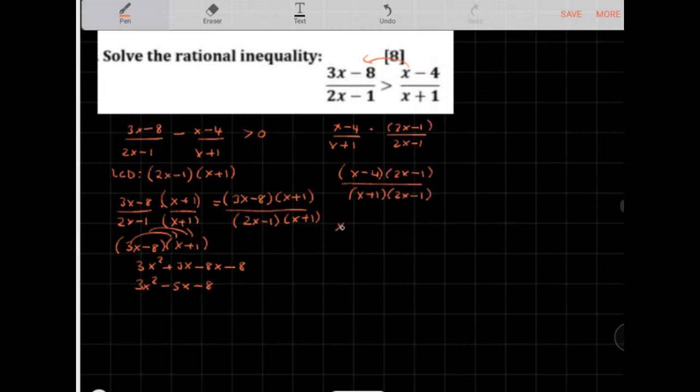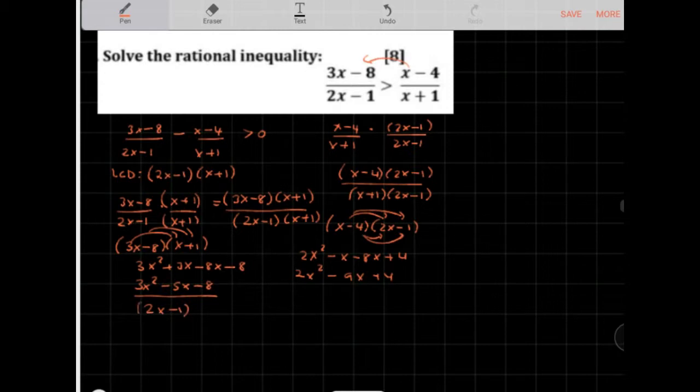If I expand the numerator by itself, you get 2x squared - x - 8x + 4, which is 2x squared - 9x + 4. Okay, so this is over (2x - 1)(x + 1), and I'm going to subtract this, so minus (2x squared - 9x + 4) over (2x - 1)(x + 1).